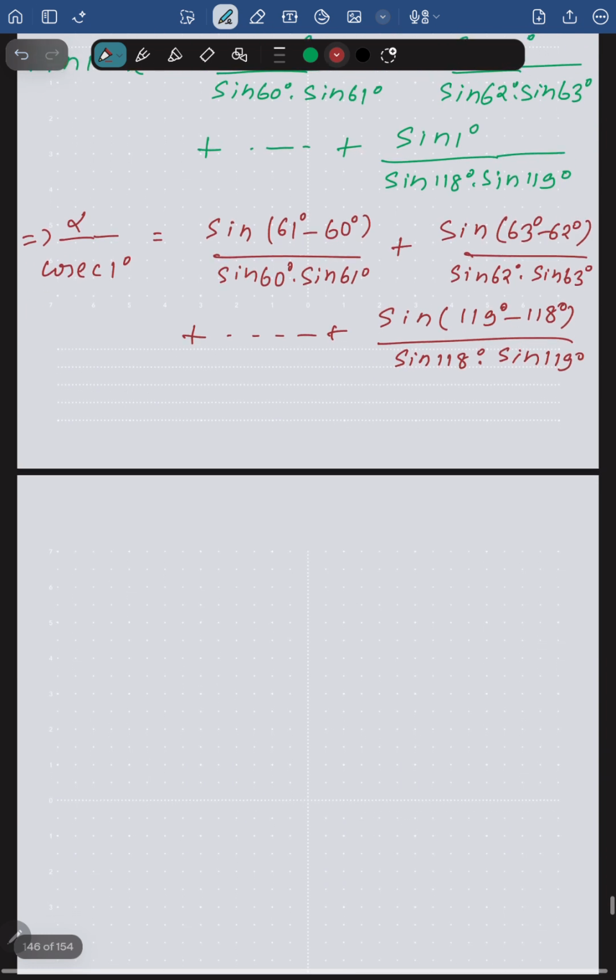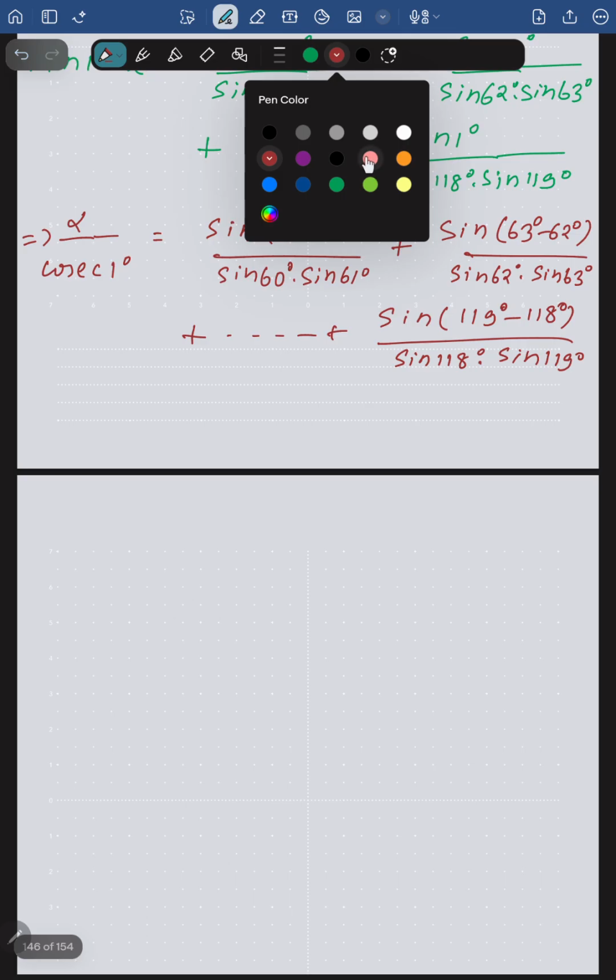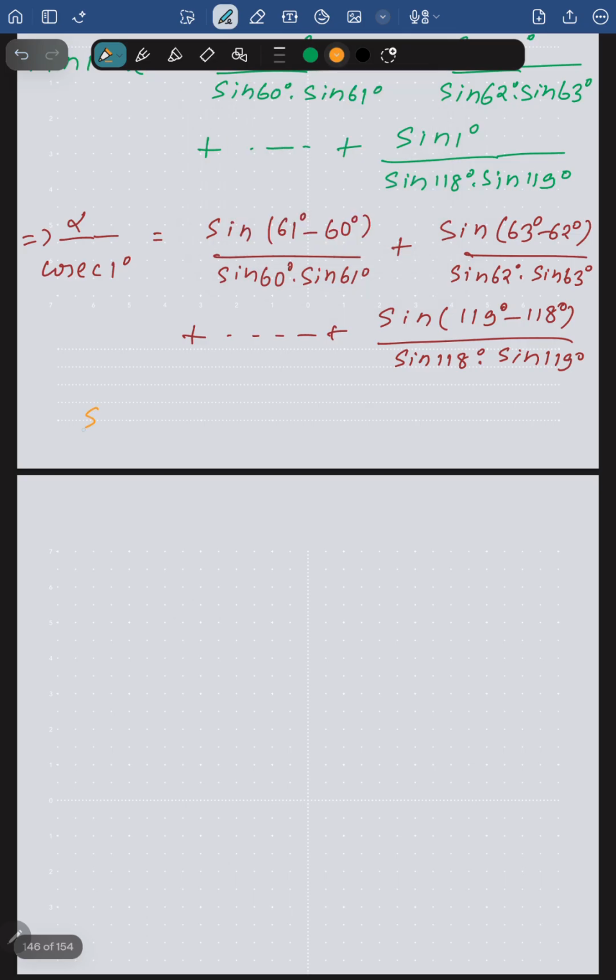Okay, so now we can use the formula of sine of a minus b. Sine of a minus b, do you know? Sine of a minus b is sine a cos b minus cos a sine b. Okay, so we will use this formula here. Next, the next step now will become as left hand side no change we will do.